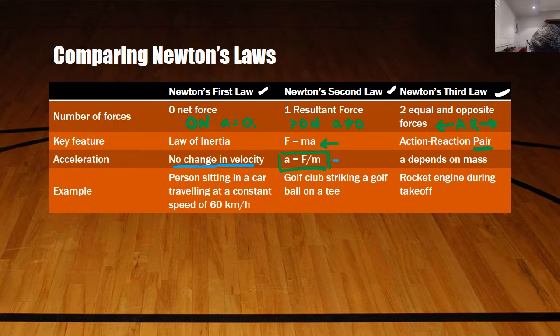In the second one, the acceleration is equal to the force divided by the mass, and in the third one, A is dependent on the mass, and there may be two different accelerations. So we are going to need to look at how these affect one another in different ways.